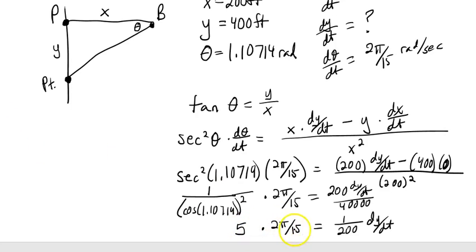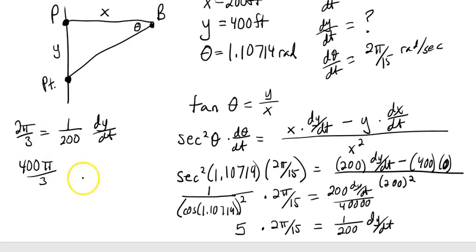This 5 times 2π over 15 will become 2π over 3. And I just need to multiply both sides by 200 to get that dy/dt. So I have 400π over 3, or whatever that decimal is. And then I'm in feet per second is my dy/dt.